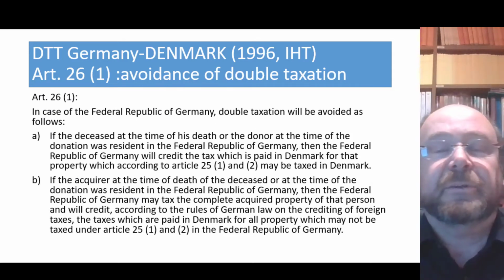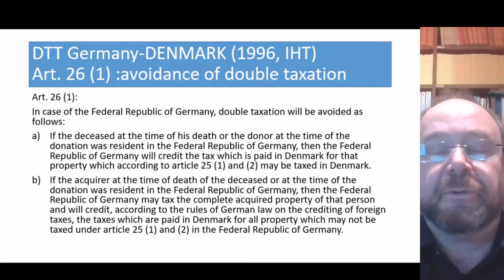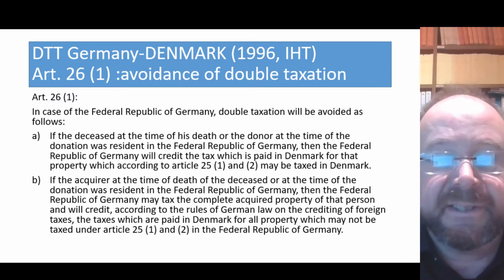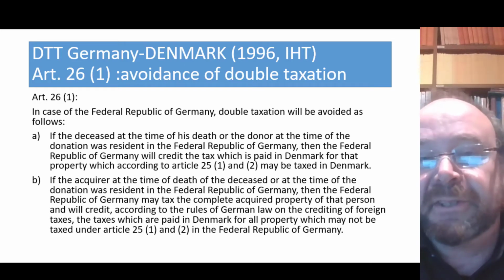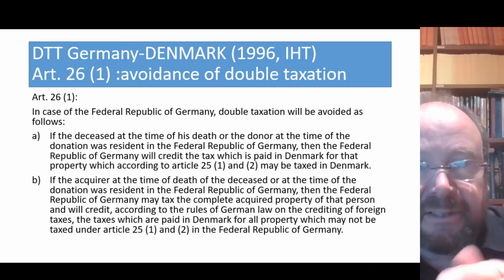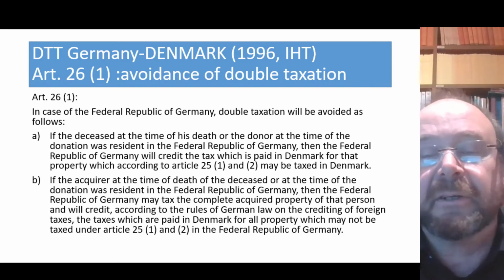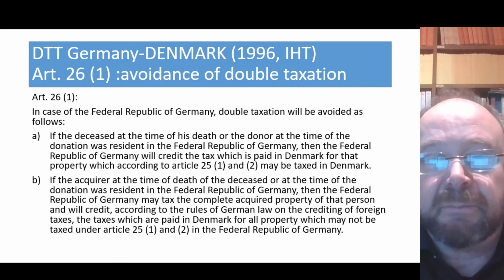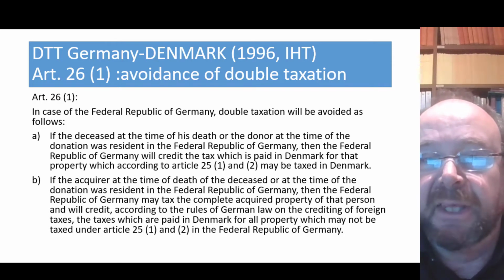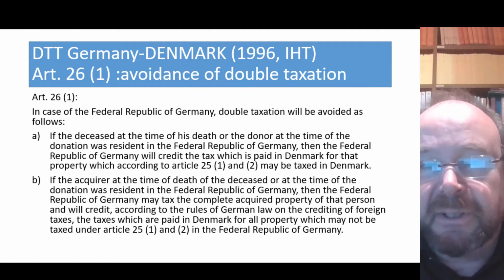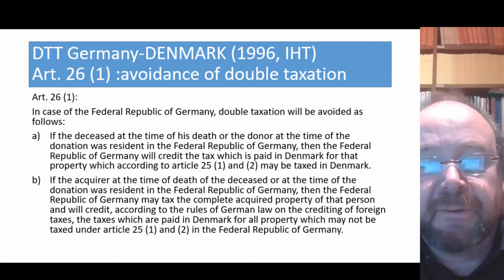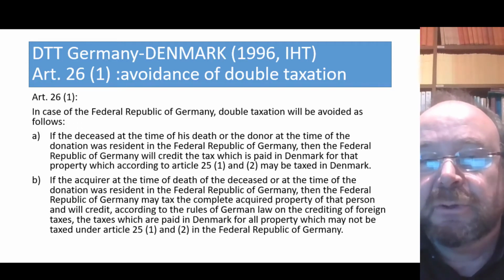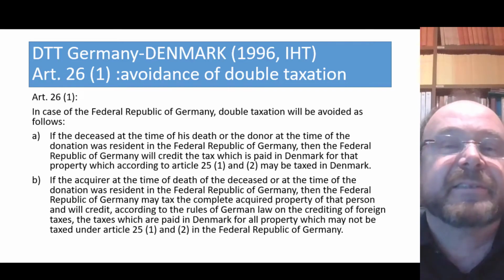Now, the traditional approach for the avoidance of double taxation in a DTT is there is an article which says either the person in question lives in Germany or lives in Denmark, and so there is always one paragraph, the treatment by Denmark or the treatment by Germany. Now, what we are looking for is the rules which apply if the taxpayer who was the deceased was resident, let's say, in Germany.